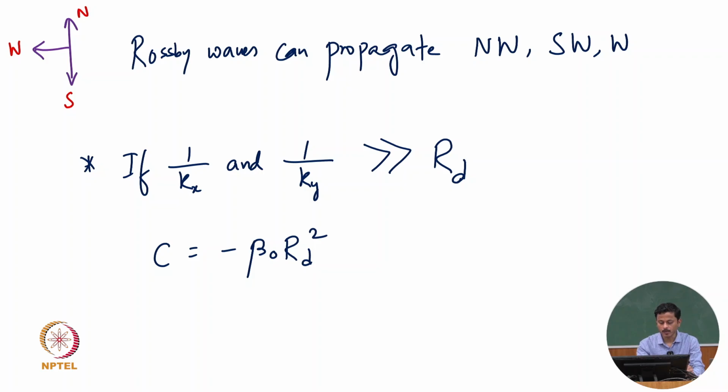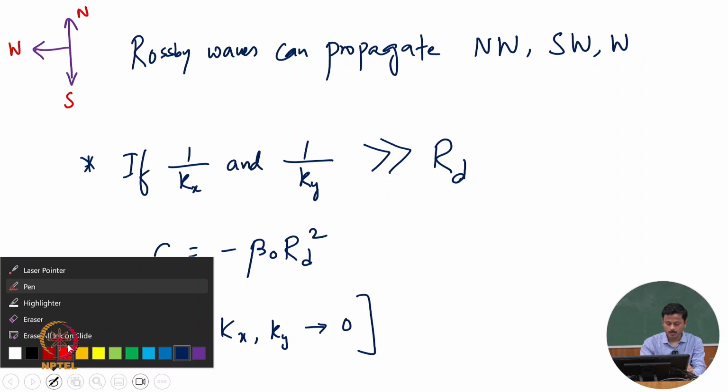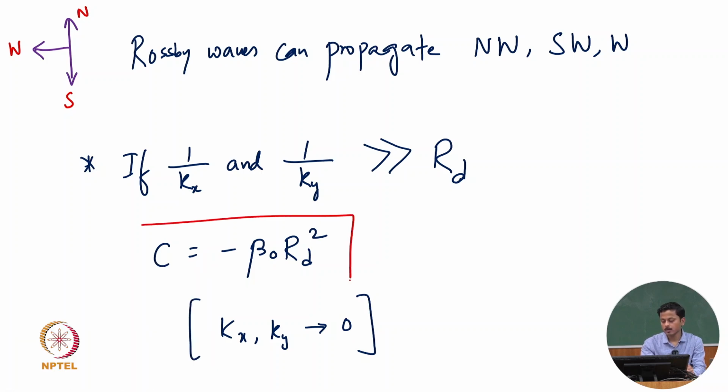Because from the wave speed calculation, if we put the limit kx, ky goes to 0, we get this limiting phase speed in the situation where the wave numbers are very small, that is the wavelengths are very large, and very large meaning with respect to the Rossby radius of deformation.